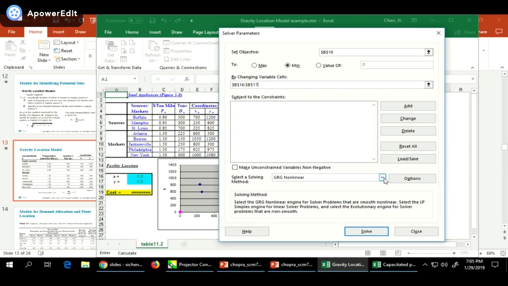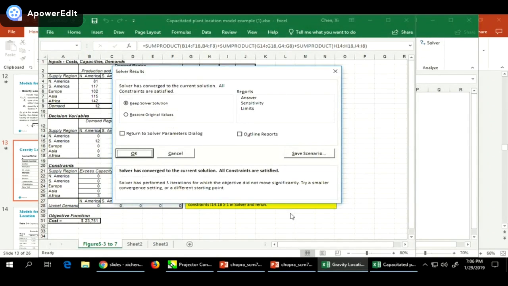And here, the problem is no longer linear because the objective function is not a linear function of X and Y. So then we use this GRG nonlinear solution method to solve this problem. So let's click on solve.